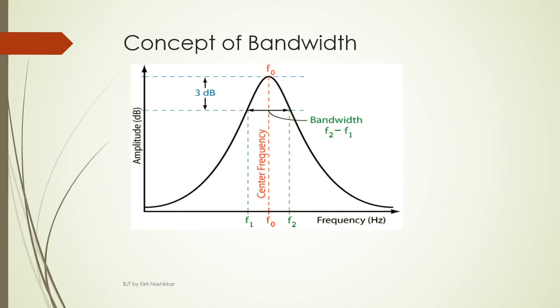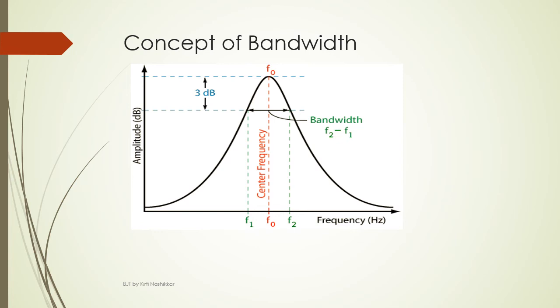Okay, now one more thing related with the amplifier is the bandwidth. Most of us have heard the name in radio stations and TV stations. The term bandwidth is many a time discussed or heard.